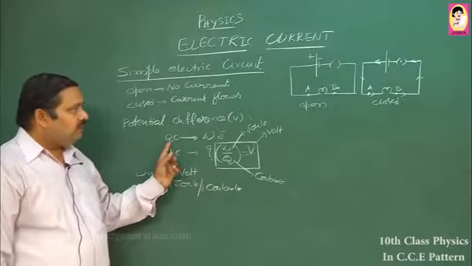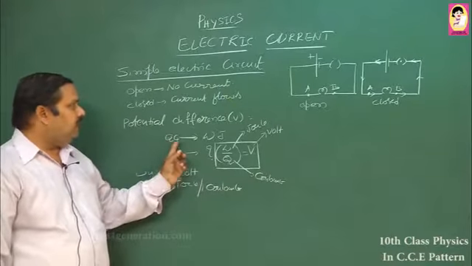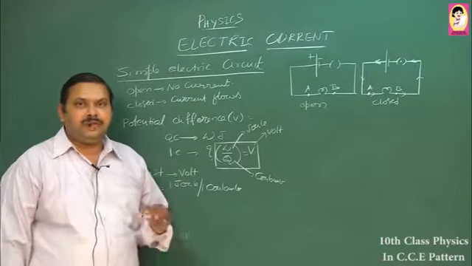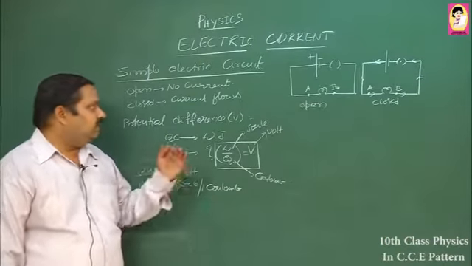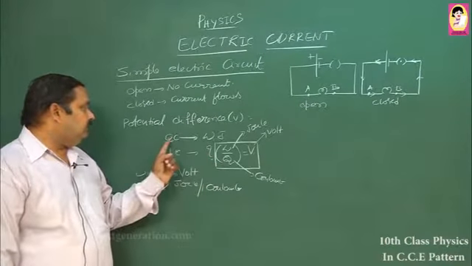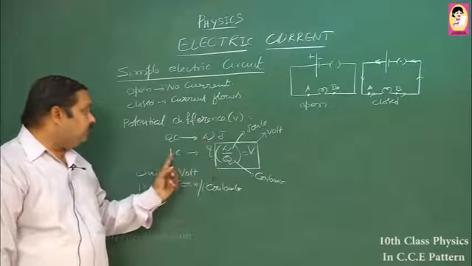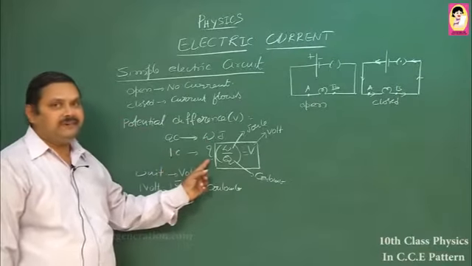Q is the amount of charge transferred from A to B, and W joules is the amount of work done to transfer the electrical charges from A to B. To transfer q coulombs of charge, W is the work done, but to transfer 1 coulomb charge, how much will be the work done?